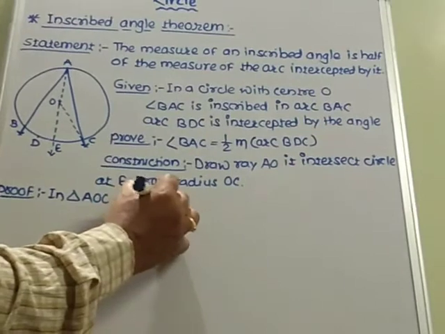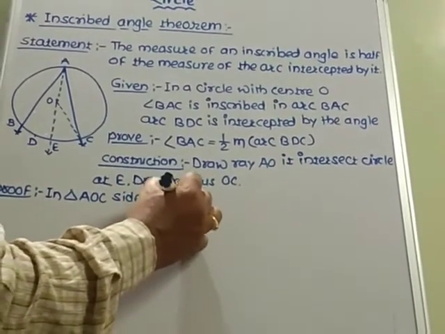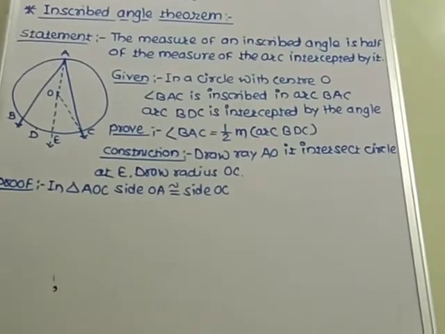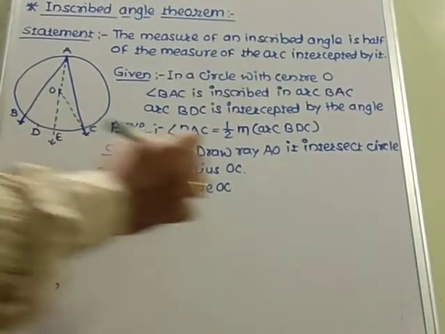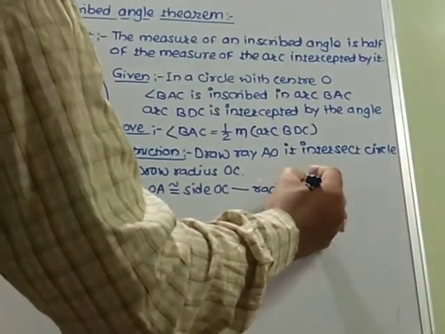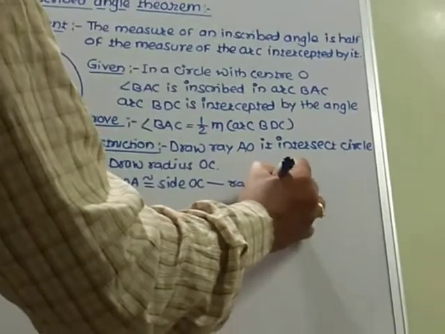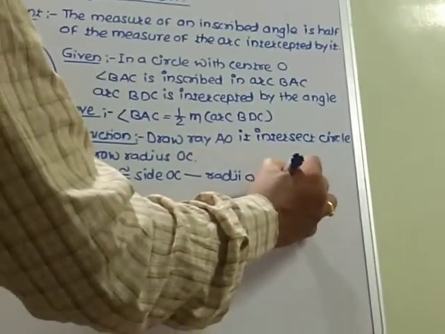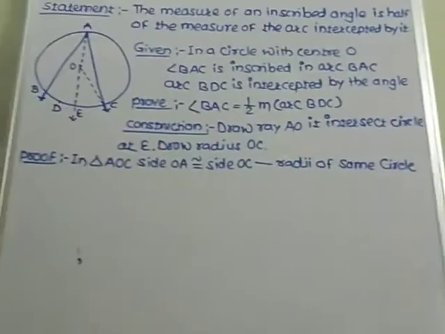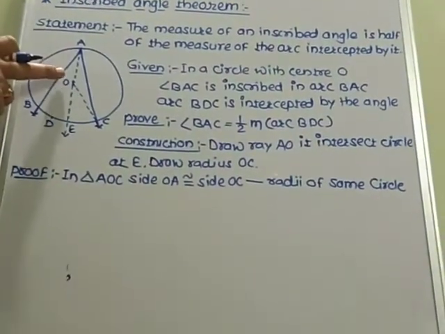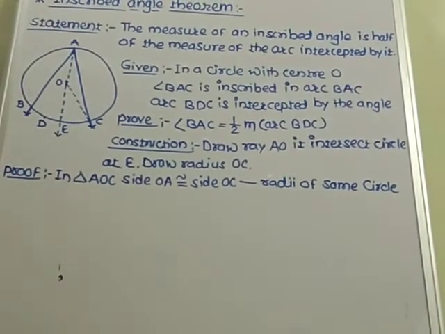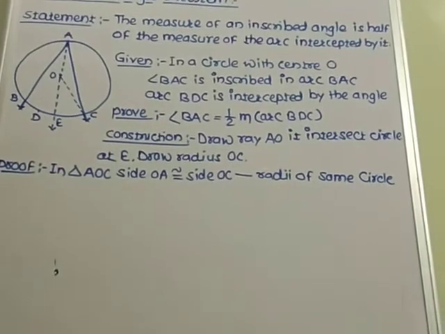Is it clear? Side OA is congruent to side OC, because they are radii of the same circle. Look very carefully. OA is congruent to OC, because OA is the radius, also OC is the radius.